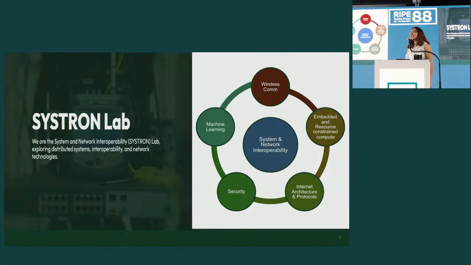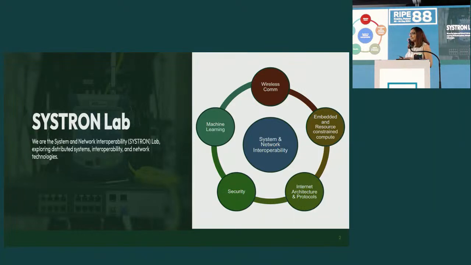Before I start, I would like to introduce my group, which is called Sistron Lab, which consists of 15 members at the moment. One of my PhD students gave a talk yesterday. The focus of our lab is systems and networks interoperability.